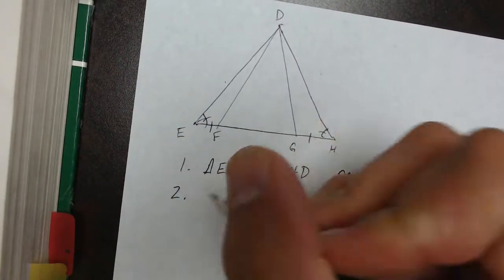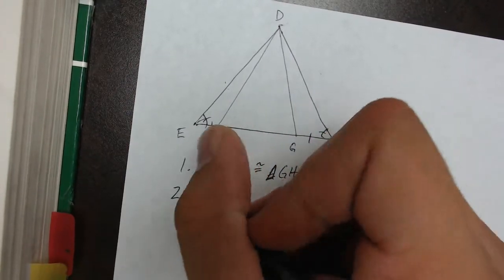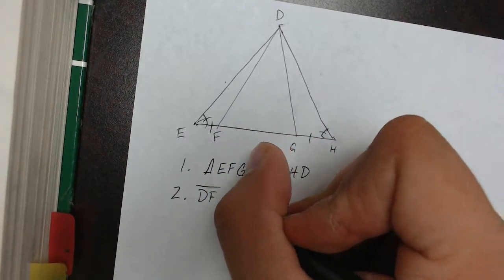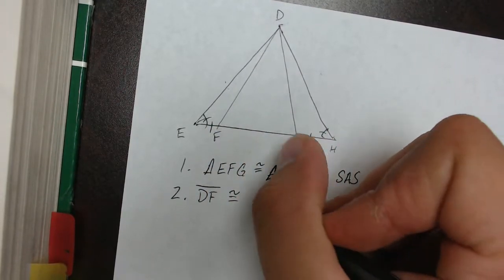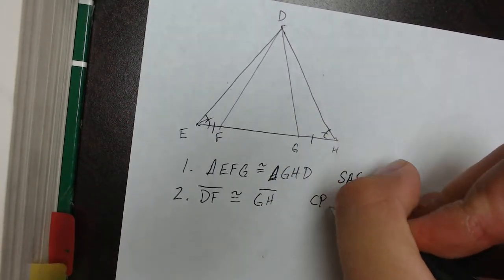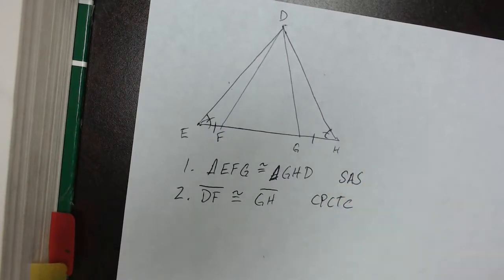Now the second line is, once I prove that these two triangles are equal, then I can prove these lines are equal. So then I could say DF equal and congruent to line GH by congruent parts of congruent triangles are congruent, CPCTC.